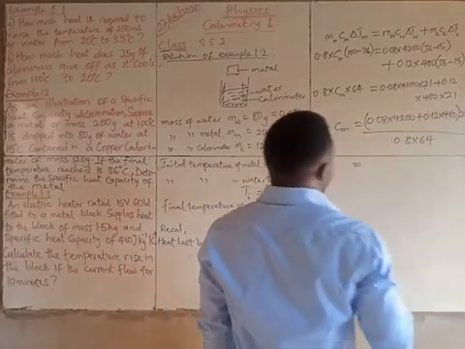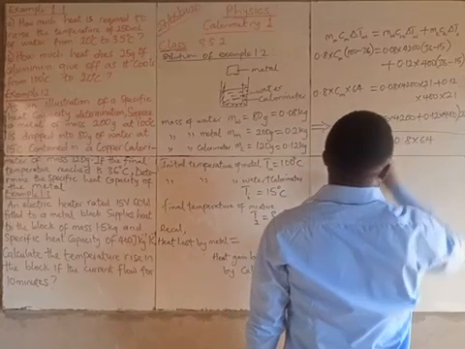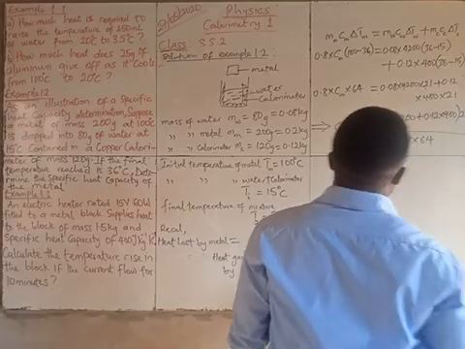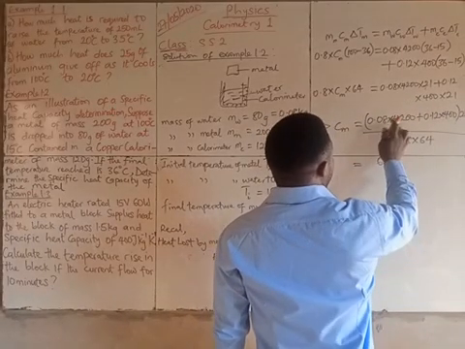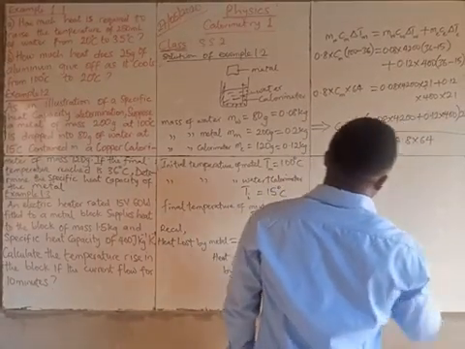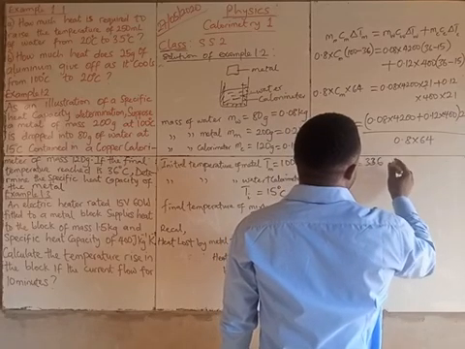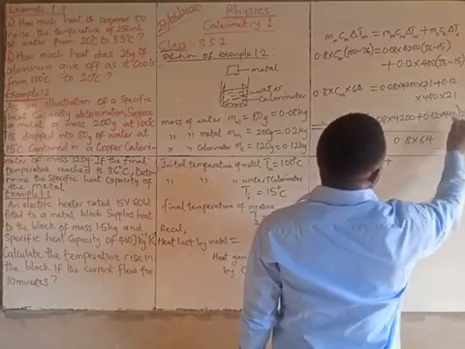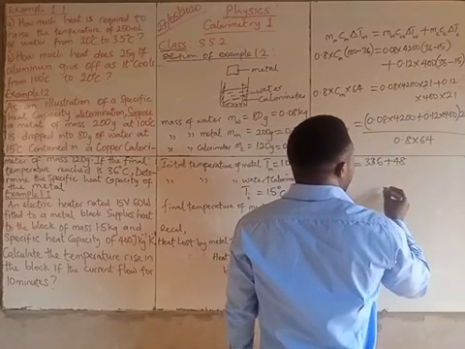4,200 will give us 336, and this 0.12 times 400 will give us 48.